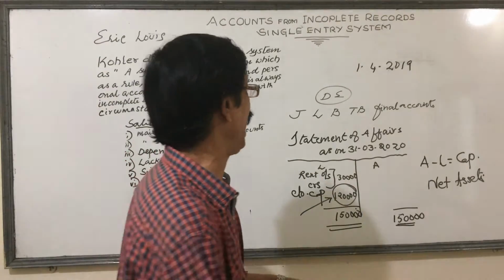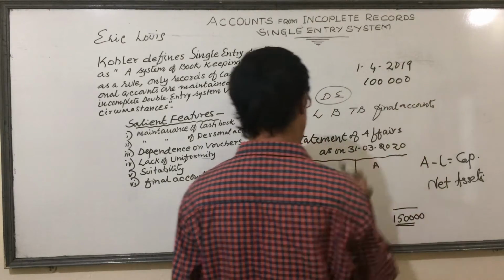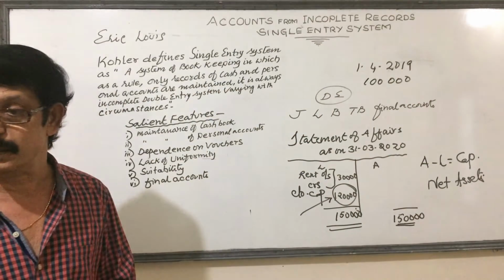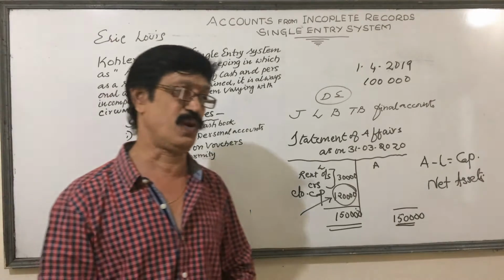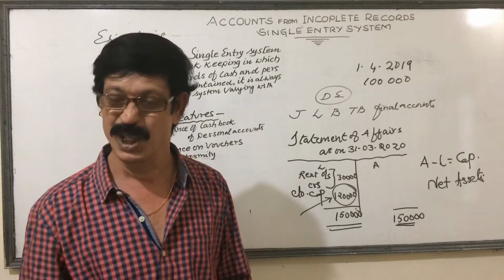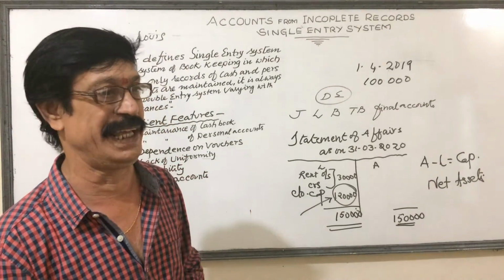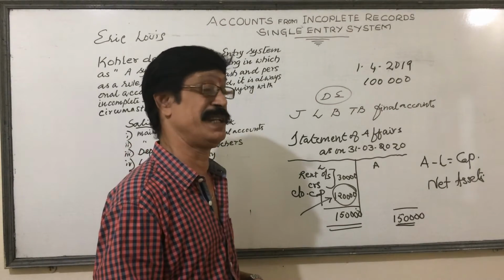Year beginning capital 1 lakh is called opening capital, and year ending capital 1,20,000 is called closing capital. So closing capital minus opening capital is equal to net profit during the year. To know this net profit of 20,000, there is no need to prepare books of accountancy under the double entry system.